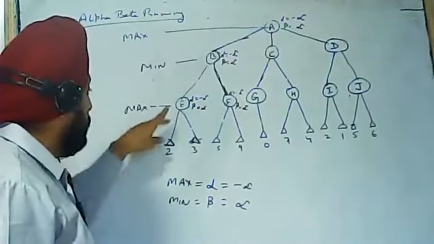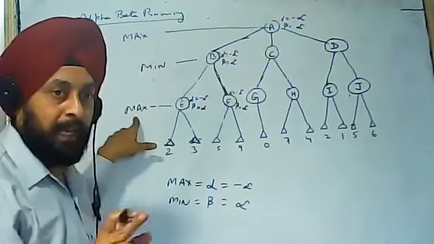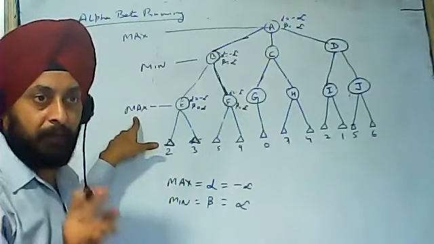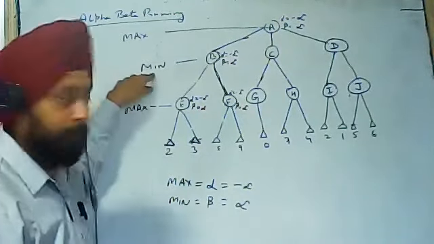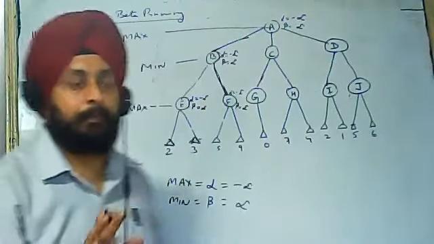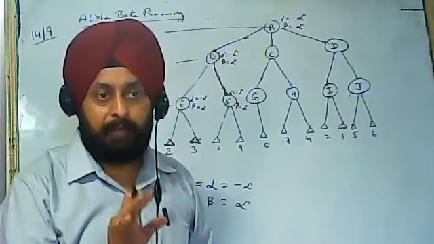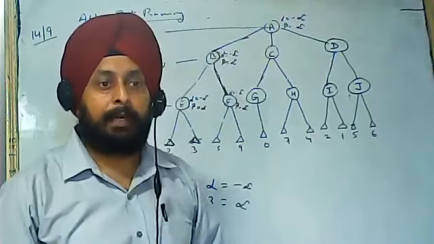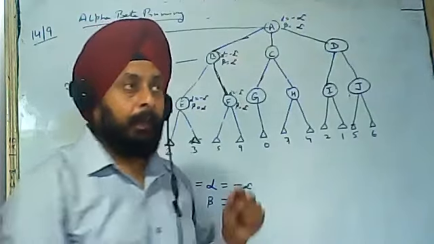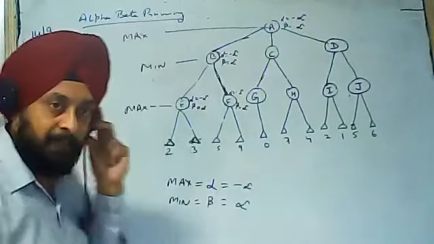We come here. So at max, the value of alpha gets changed, and at min, the value of beta gets changed. Remember this thing. And what is the condition for pruning?